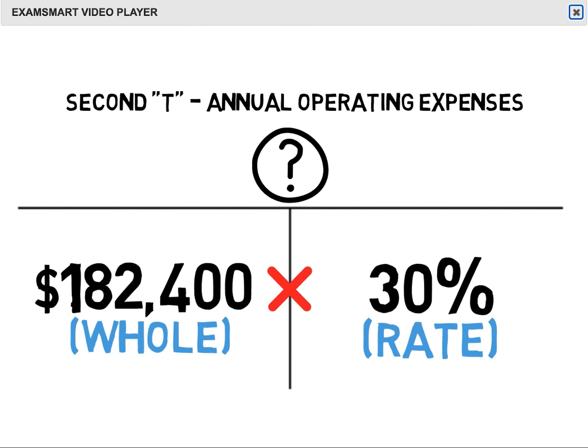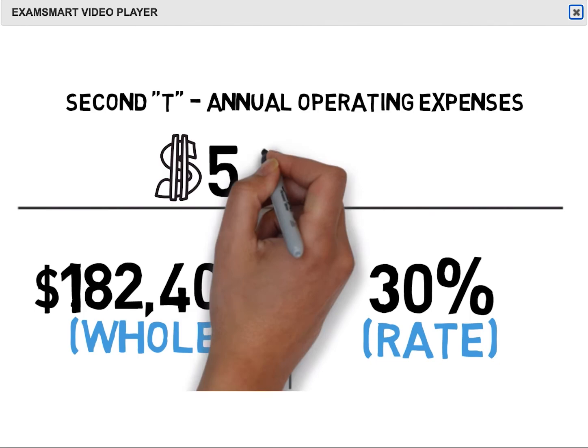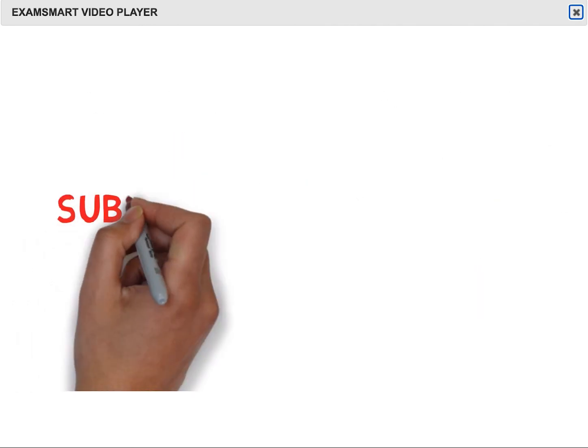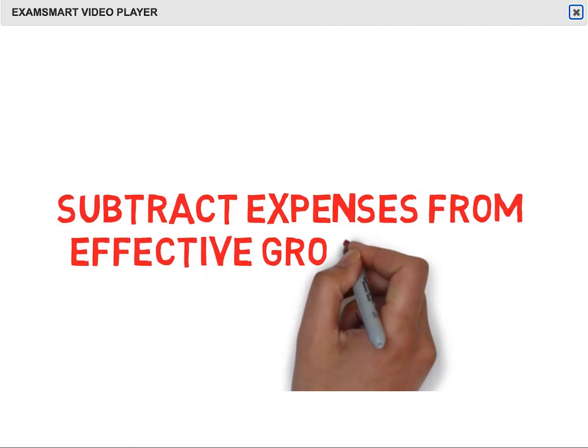So we'll take $182,400 times 30%, which will give us our part, or the annual operating expenses, of $54,720. We then need to subtract the expenses from the effective gross income.